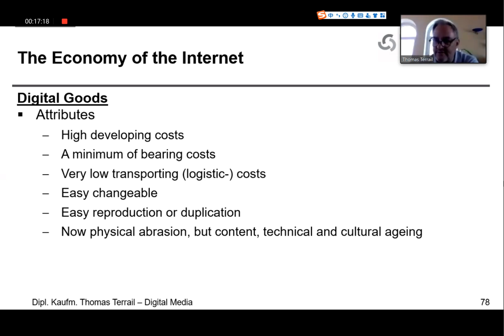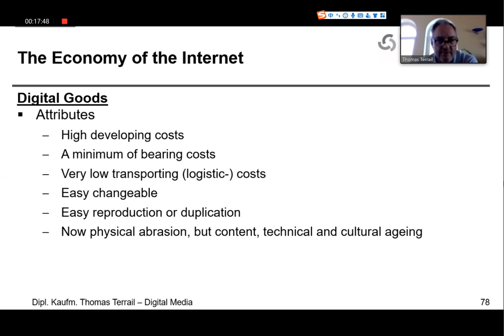If it's something like a tool that you can buy via internet, and you download it to your computer, and then you install it, such a program normally has very high developing costs, but it's only one time that it's such a high price, or such a high investment.